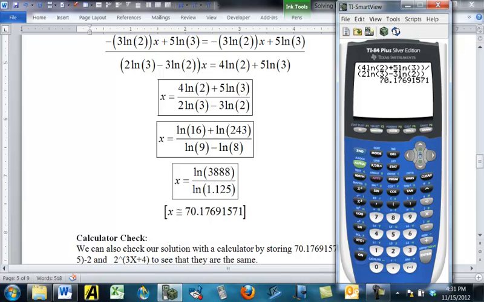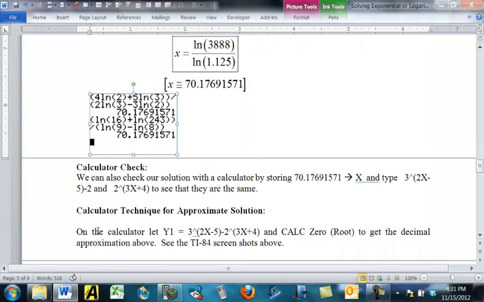The second one, just to show you that it's the same: parentheses around the numerator, ln 16 plus ln of 243, close, divide by ln 9 minus ln 8. Same answer.